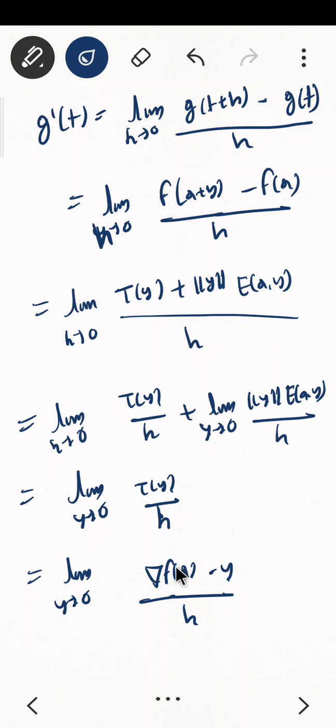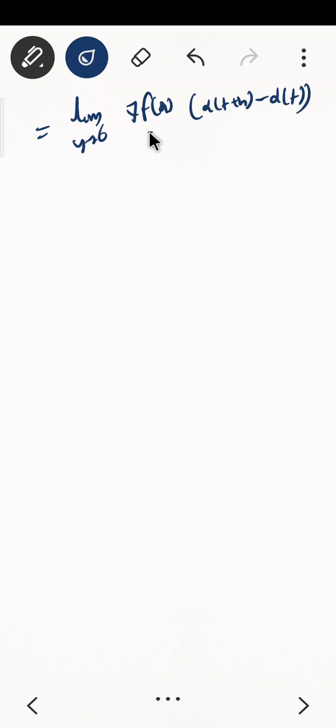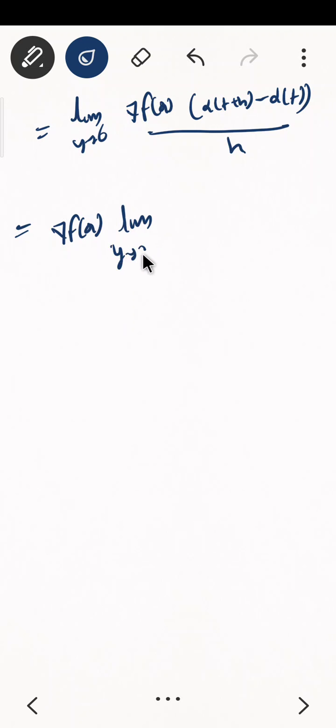So what will you write? What is your y? Let us put the value of y now. So this is limit tending to 0 of delta f of e into alpha of t plus h minus alpha of t, and that is divided by h. So this will be delta f of e, I'm taking outside, times the limit of alpha of t plus h minus alpha of t upon h.